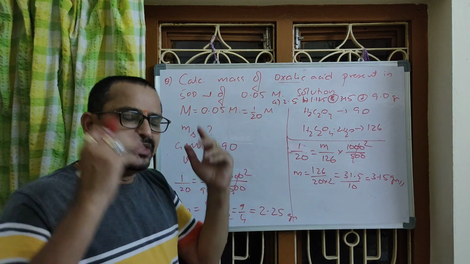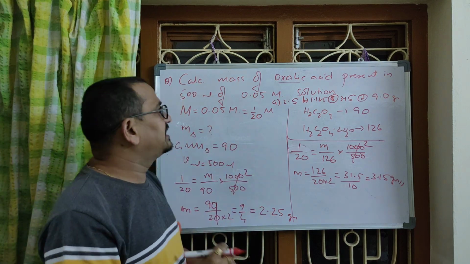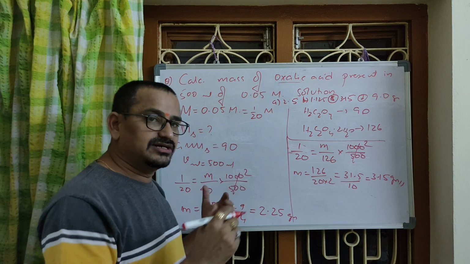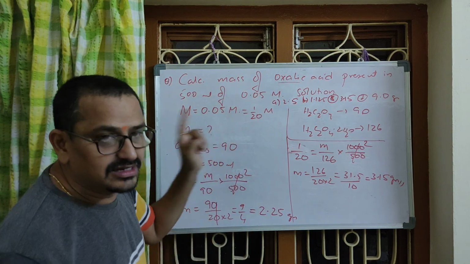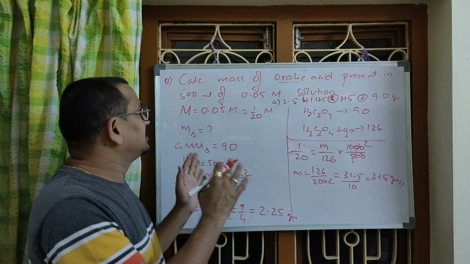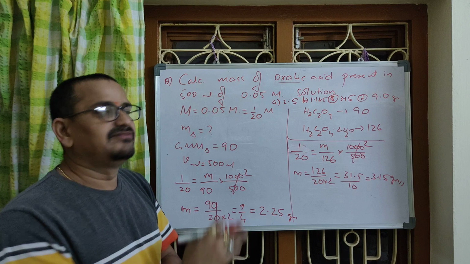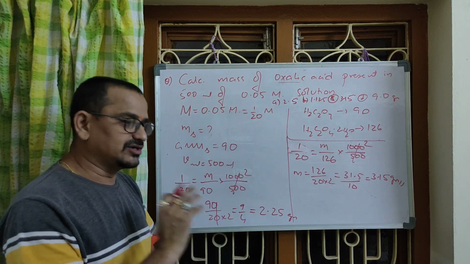They will check the grasping and application of the student, whether students are going to the corresponding molar mass or not. So this is one area where students should be very careful in the calculation of mass or molarity with respect to oxalic acid, right? This is one question.